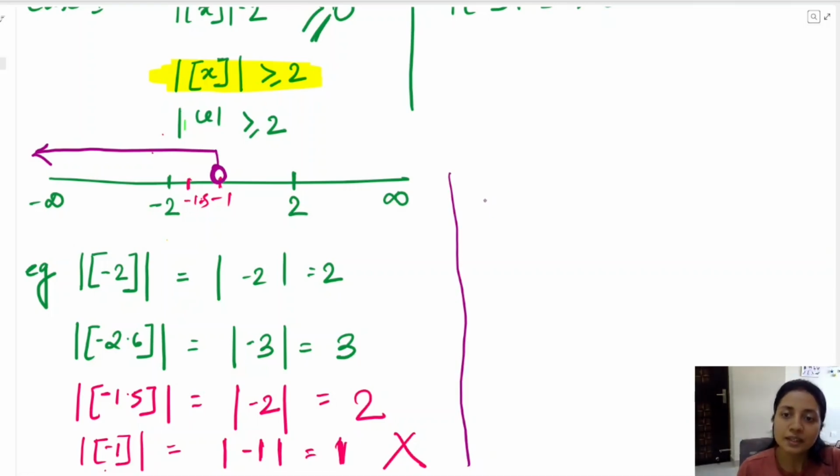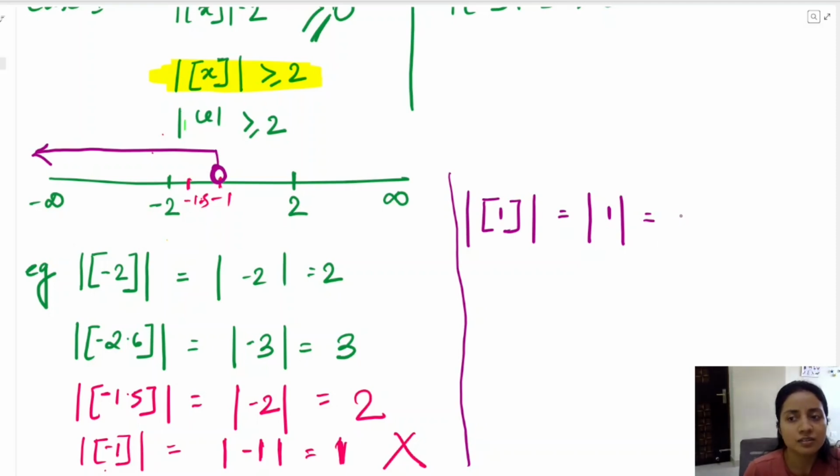So suppose I am taking a number, positive 1, this time, and it will return the same 1, and we are getting just 1. Clearly, this number is not satisfying our inequality.